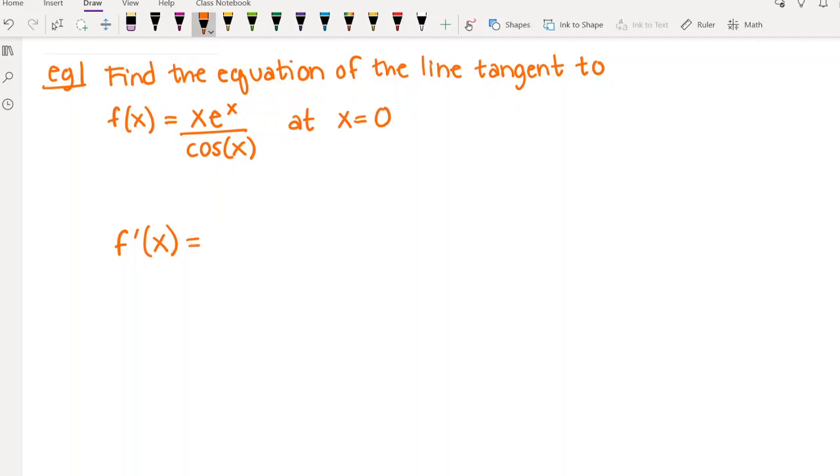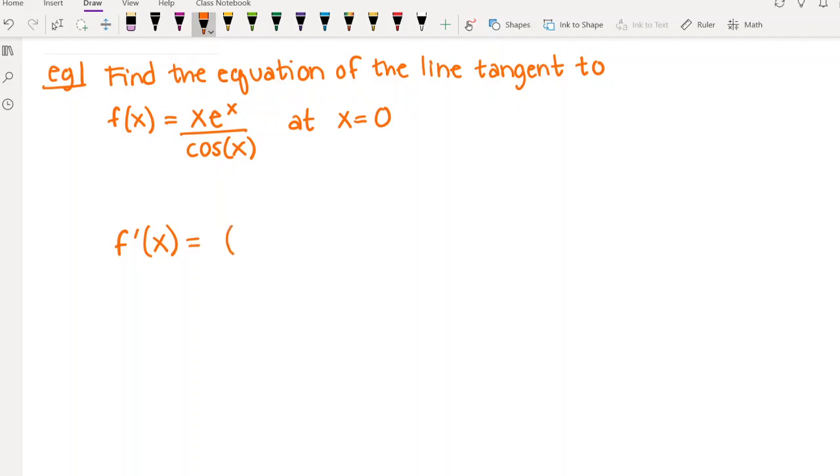But at least the way it's written right now, our function is not itself a product. It's a quotient, right? It's something divided by something. So we're going to start by applying the quotient rule. And again, we're going to use this placeholder notation. When we use the quotient rule, the first thing we do is take the derivative of the numerator, right?